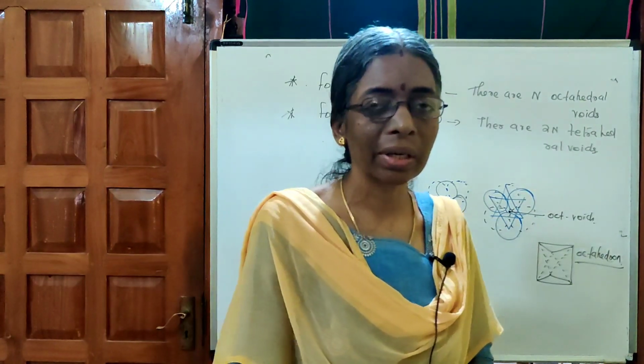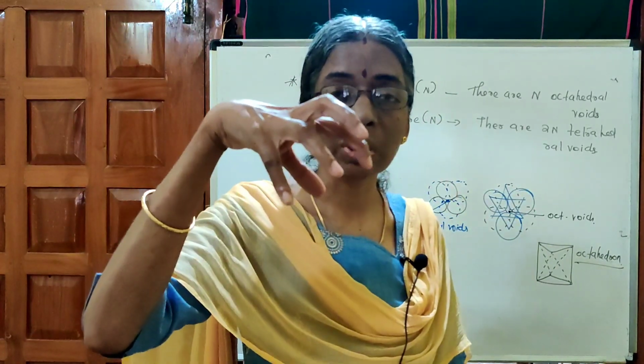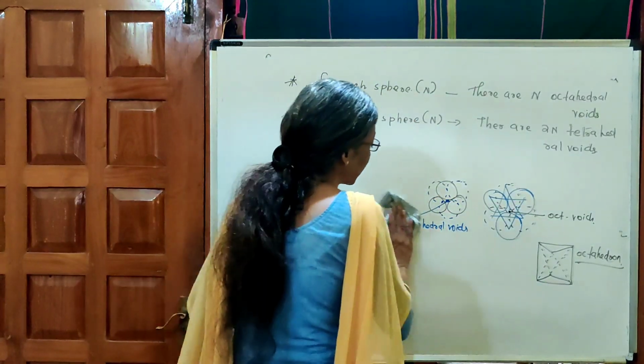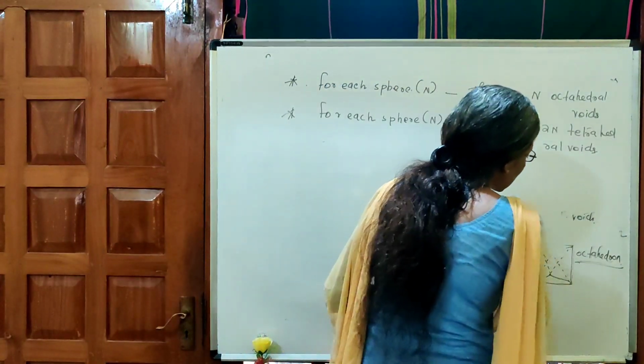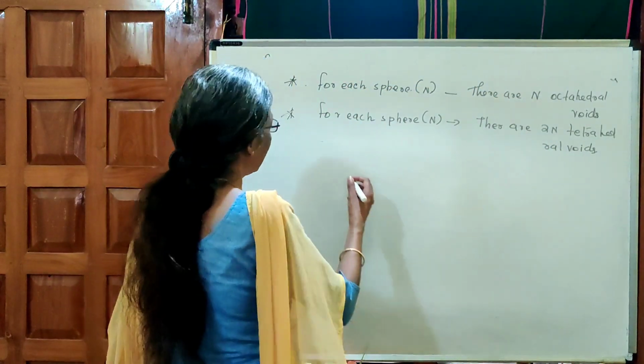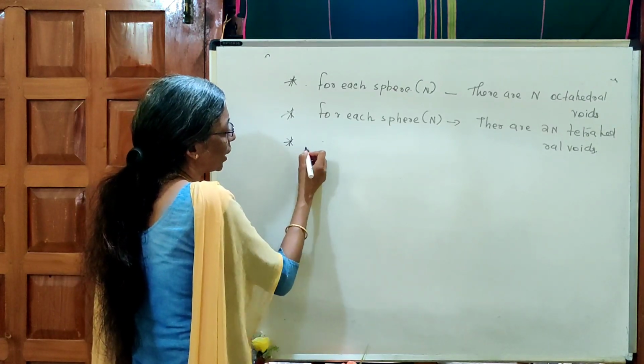What is happening here when we are arranging each sphere? If you observe each sphere, the diagram is given in the NCERT textbook. Around each sphere there are 3 tetrahedral sites and 3 octahedral sites. This is the third point, very important.